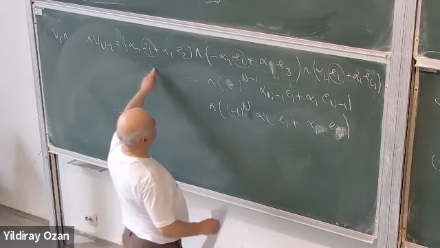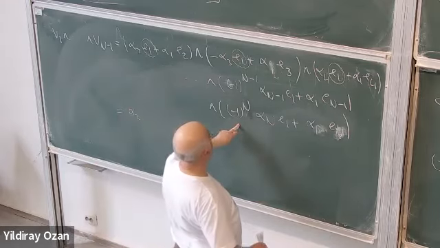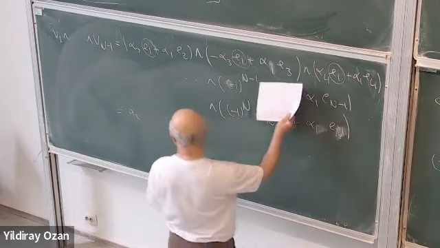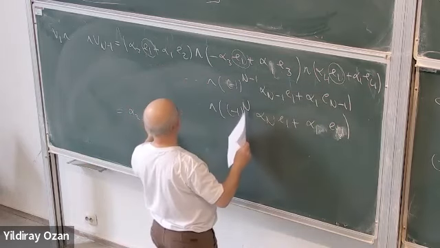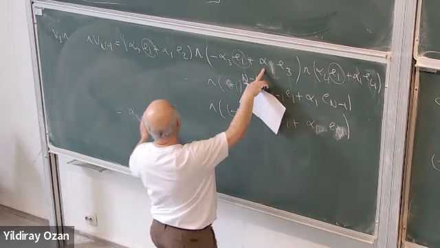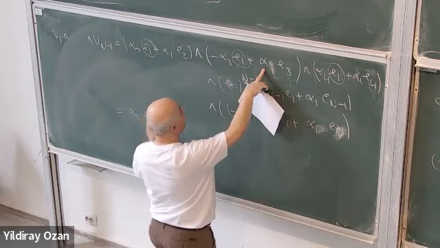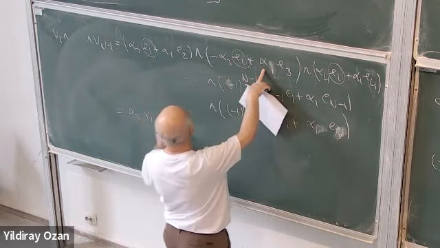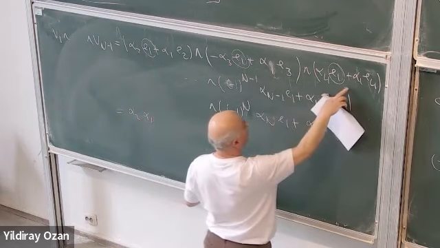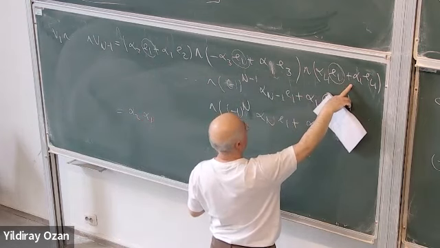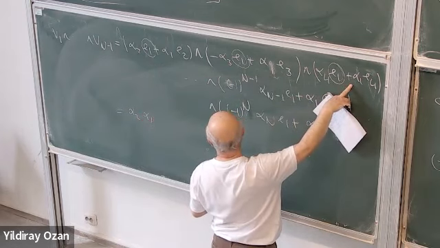Buradan E1'i alırsam, bunlardan hiçbirinden E1'i alamayacağım. Dolayısıyla alfa 2, alfa 1'i alacağım. Buradan da alfa 1'i alacağım.